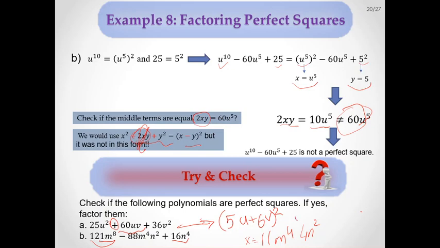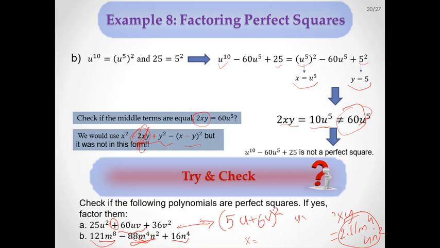Let's check if we have 2xy in the middle. Yes, 2 times 11m to the 4th, 4n to the 2nd power. So it gives us the middle term.